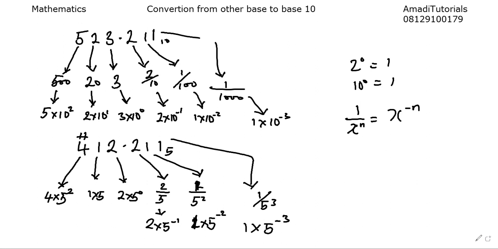Okay, let's cut the story short and do an example. We have a number, say 211.22. This is base 3, and we want to convert it to base 10. So simply, this is how you do it.